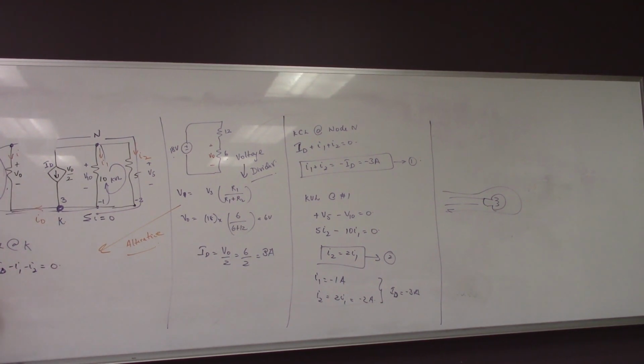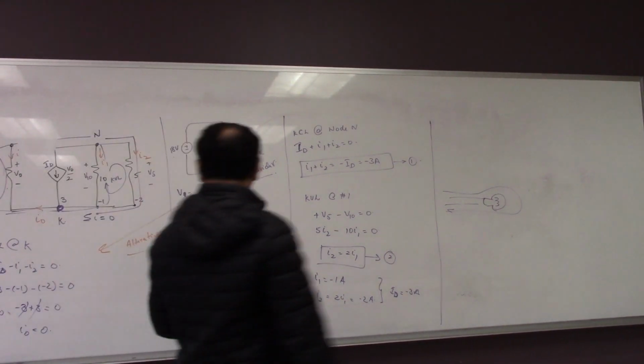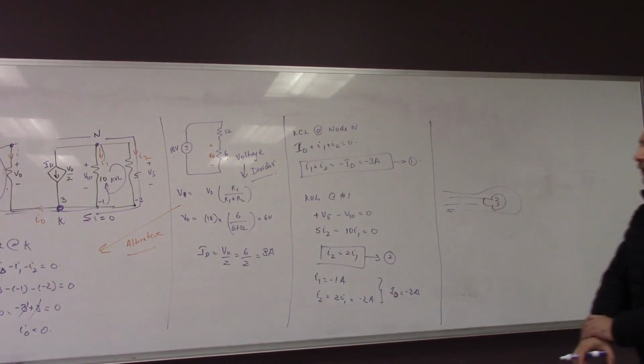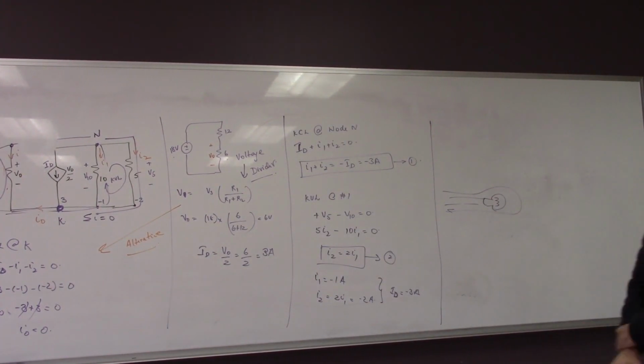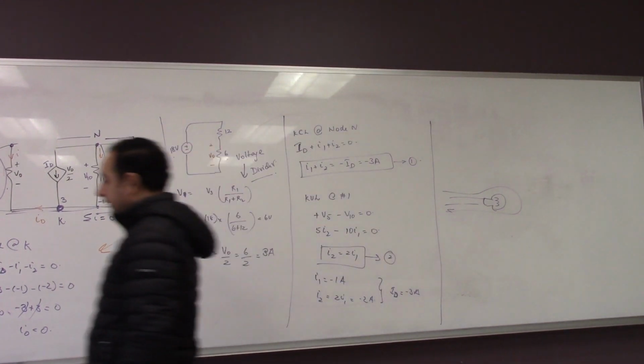So I0 minus 3 minus of -1 minus of -2 is equal to 0. So I0 is equal to minus. All right? So even if you try to do it like that, you'll get it, okay?